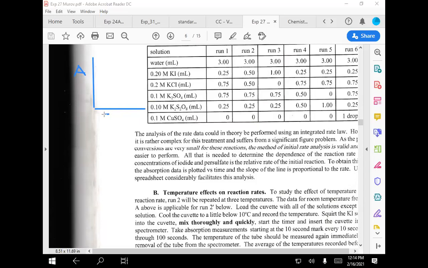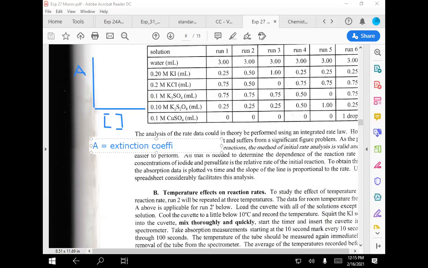The concentration was related. The absorbance equals some extinction coefficient, which I can't type because I don't know how to do the Greek on this. Okay, this is going to run over everything.